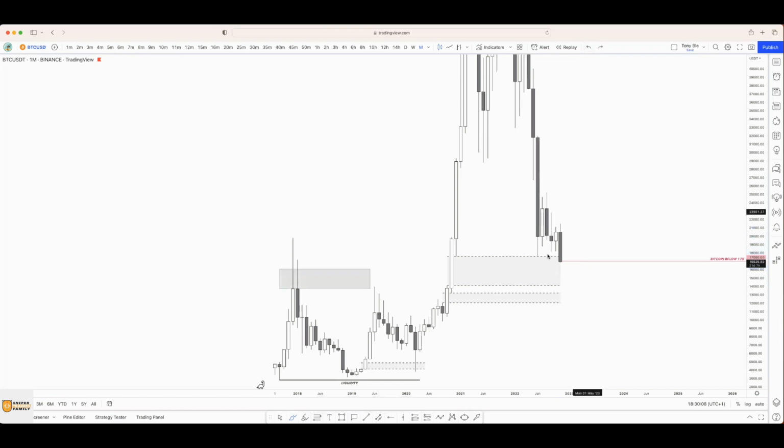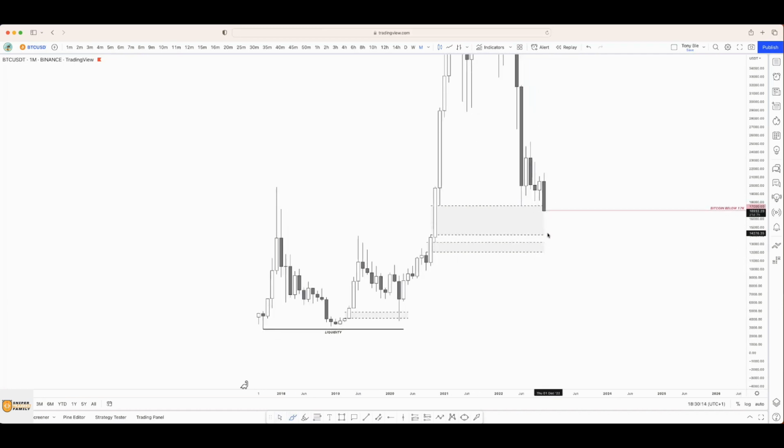Something like that could happen in this area. As you can see, there are two imbalances now. It could fill this completely and find support in this next one. So either of these two areas, we might see support if they are not coming for this liquidity here.